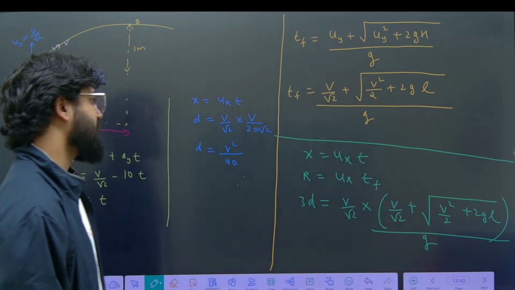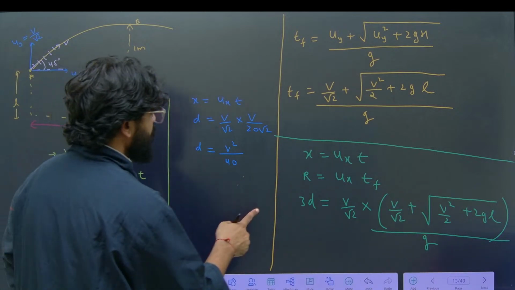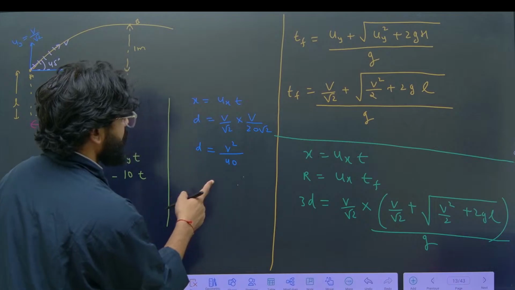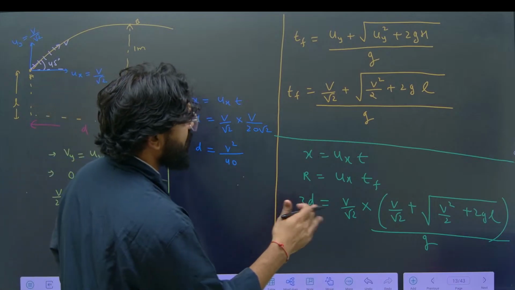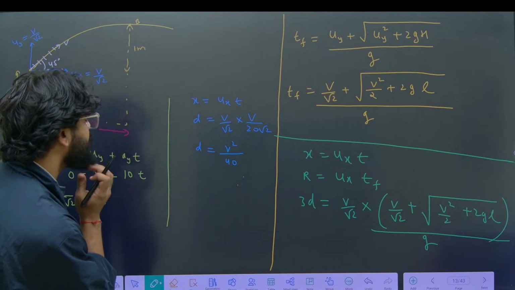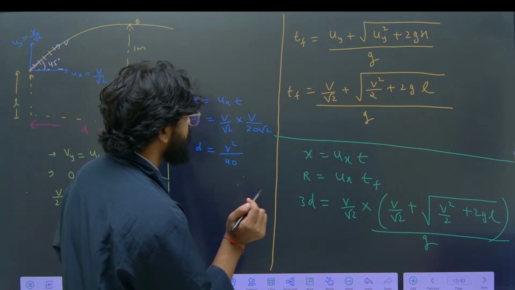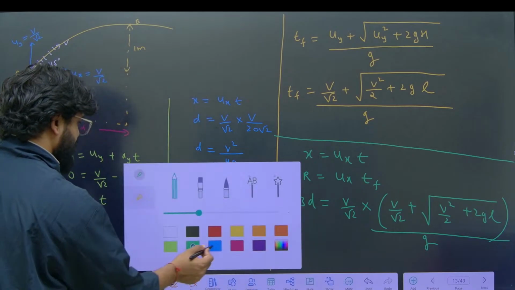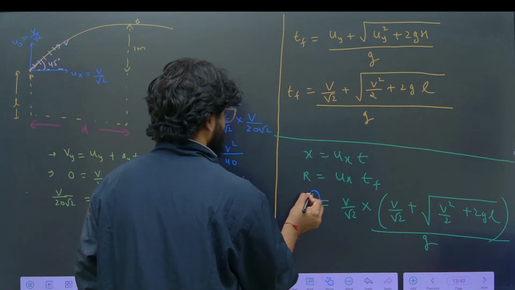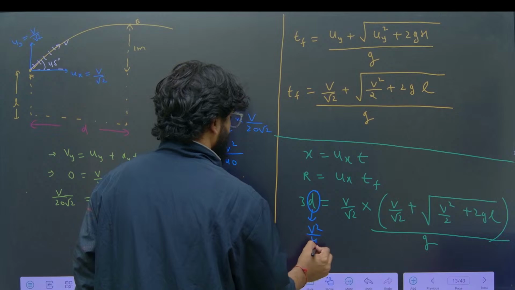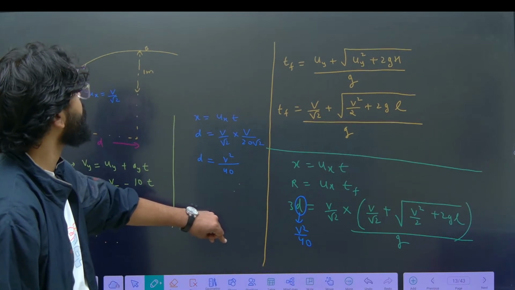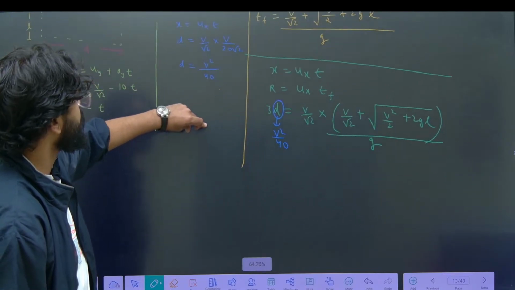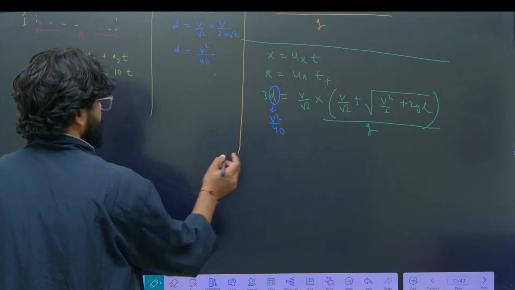From here we can eliminate d by writing d as v square upon 40, and we will have a nicer number over here. Or we can also eliminate v, but let's eliminate d. We write d as v square upon 40, correct? So let's solve this.